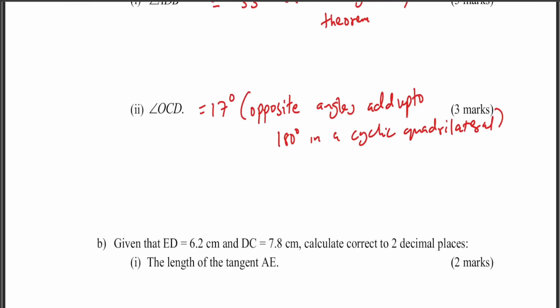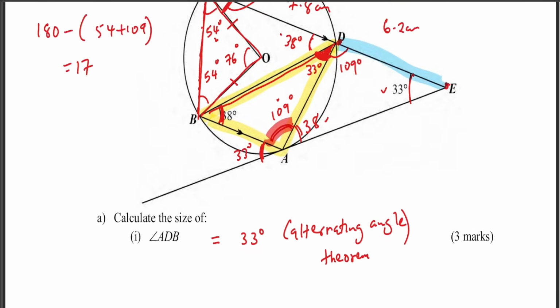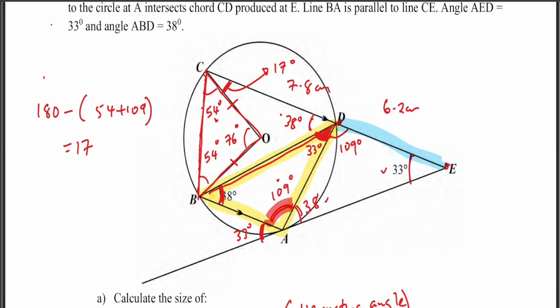Now when we know this, how will it help us in finding the other distances? Calculate, correct to 2 decimal places, the length of tangent AE, the tangent which is here. So let's calculate that. For this, there's a property that says that if you take CE and multiply by DE, it gives you AE squared.